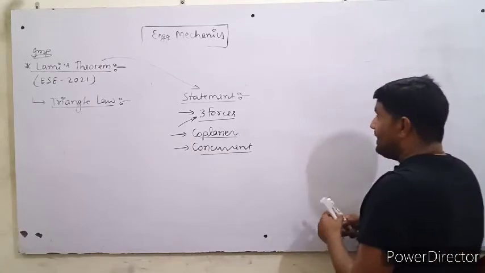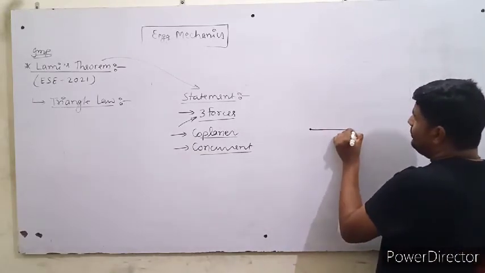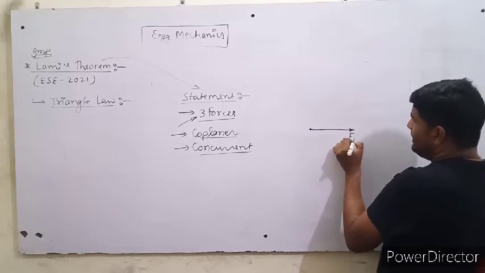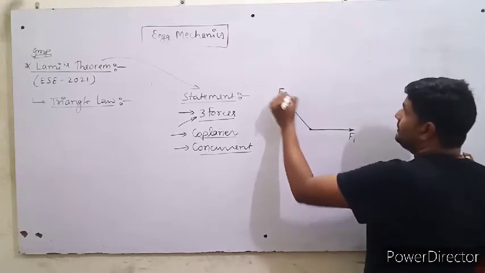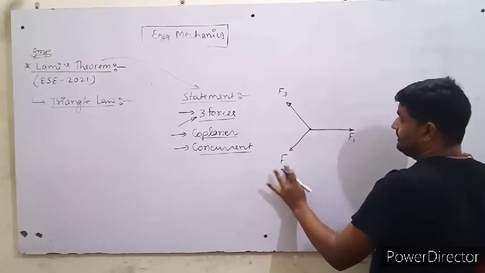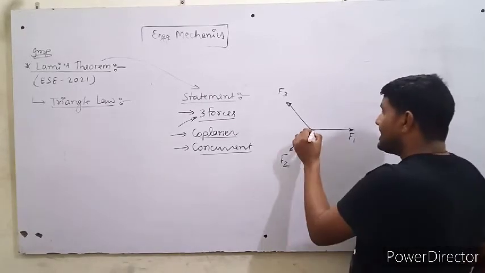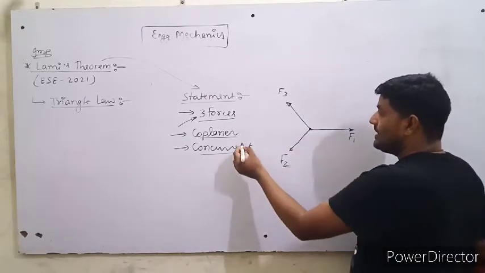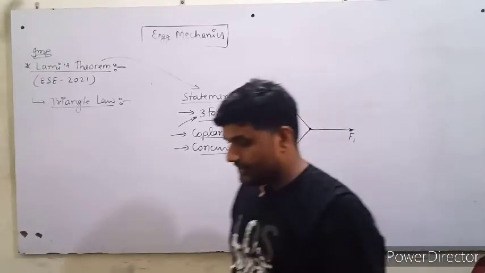So if I am assuming I am having three forces, first one is F1, F2 and F3. Passing through a common point means all the forces are concurrent forces.